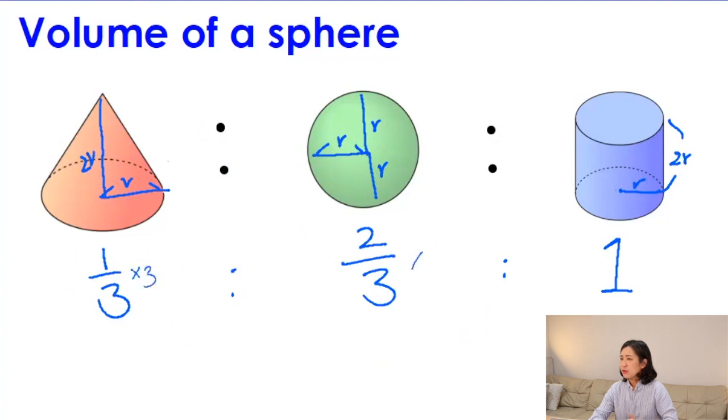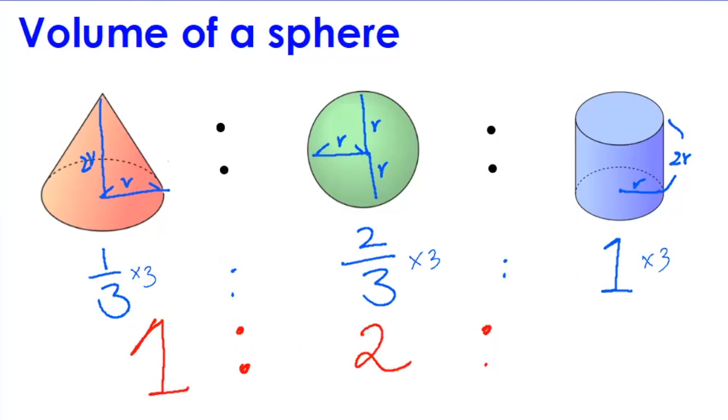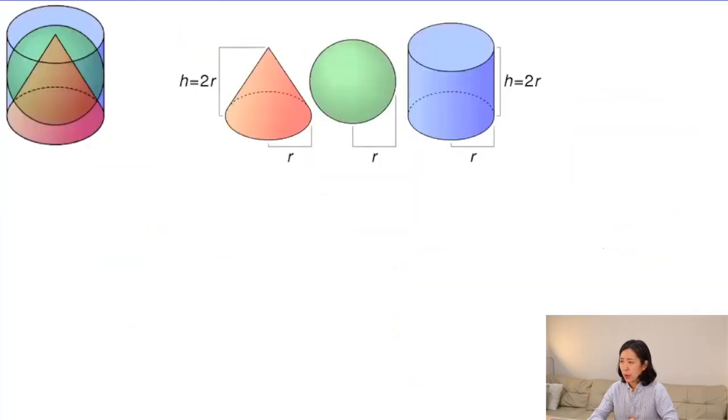Then our new ratio with whole numbers will be 1, 2, 3. So we clearly know that the ratio of volume of cone, sphere, cylinder will be 1, 2, 3.